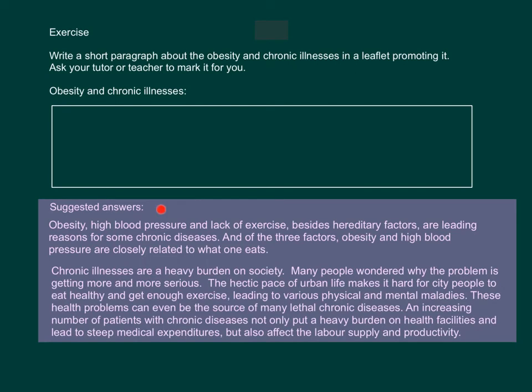I'll suggest the answers. Obesity, high blood pressure, and lack of exercise. Besides, hereditary factors are leading reasons for some chronic diseases, and of the three factors, obesity and high blood pressure are closely related to what one eats.